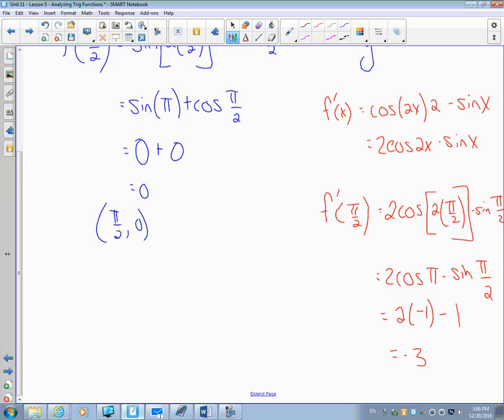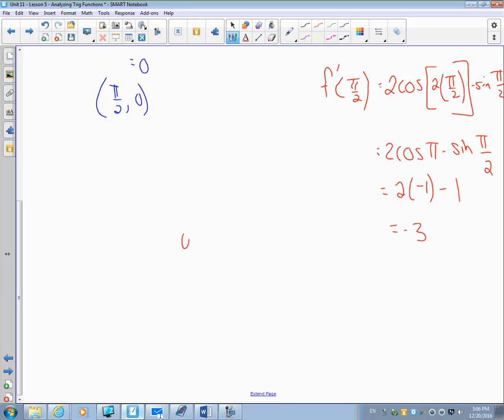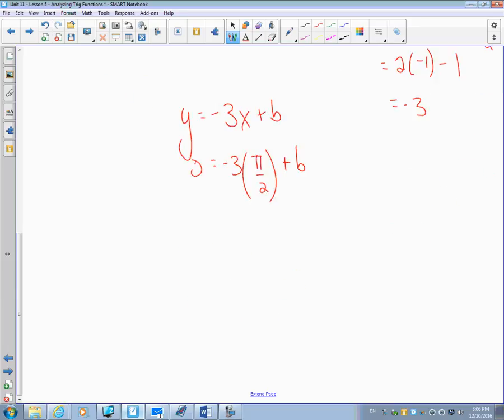So now we have ourselves a slope and a point. We can make the equation of a tangent. Fill in what we know. Our slope. Take our point, pi over 2 and 0. I'm using pi over 2 as an exact value instead of making decimals. y equals mx plus b. So 0 equals negative 3 pi over 2 plus b.